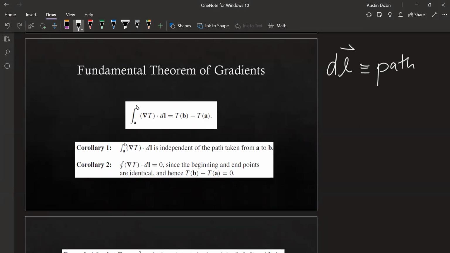Ibig sabihin, kunwari ganito yung form mo, pwede mo nang ma-solve siya gamit yung values ni T at b minus values ni T at a. Okay? And then we have two corollaries. So, ito ay independent ng path taken from A to B. So, yung dl mo, doesn't matter kung saan siya papunta. Kahit umikot-ikot pa siya, basta magsimula siya sa A, papuntang B, dapat mag-hold pa rin itong T(b) minus T(a).